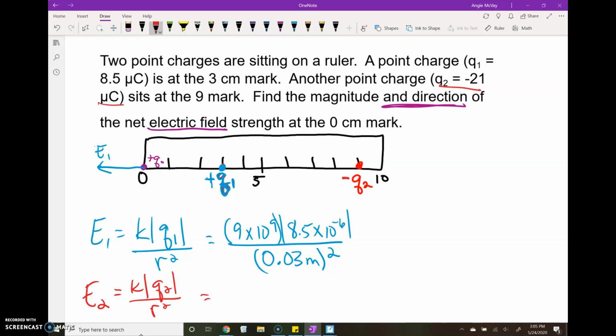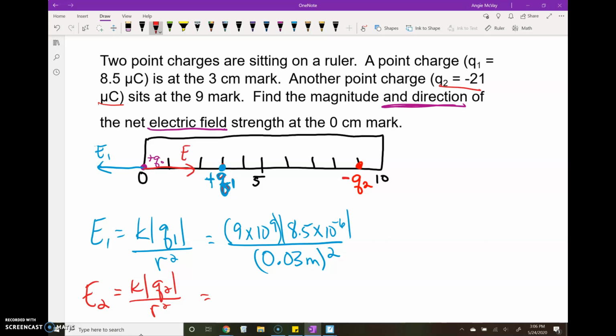What direction will the electric field be at 0 centimeters due to charge 2? Well, charge 2 is negative, and we imagine what would our positive test charge do when exposed to a negative charge? Our positive test charge would be attracted. Okay.